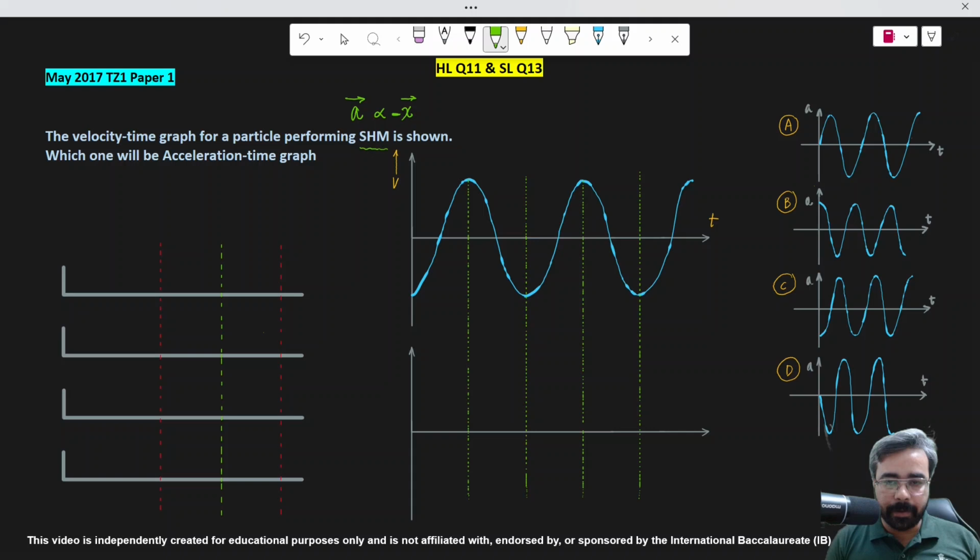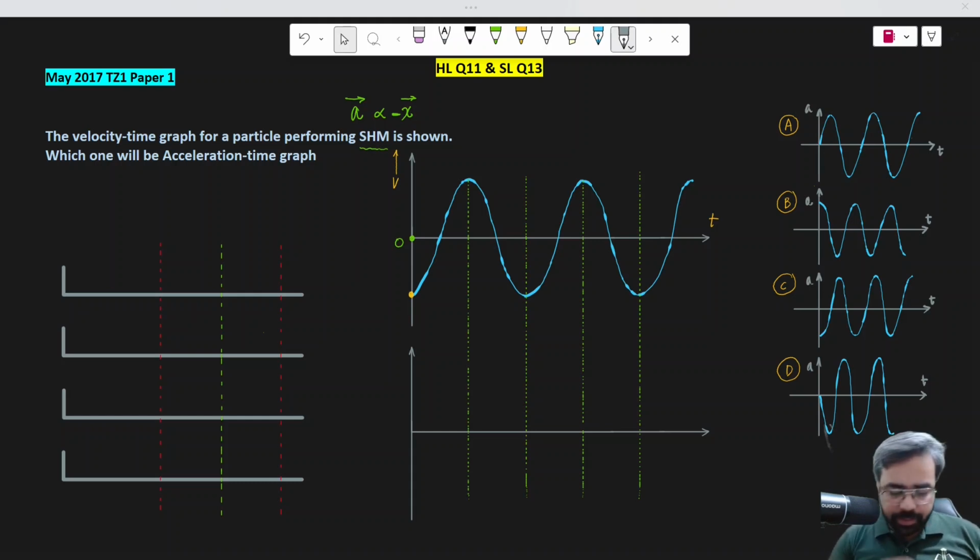So this velocity-time graph shows us that at time t equal to 0 seconds, the velocity of the particle is maximum, which means it is maximum negative. One famous example of SHM that I'm going to show you is the horizontal mass-spring system, which you can see on the left-hand side.